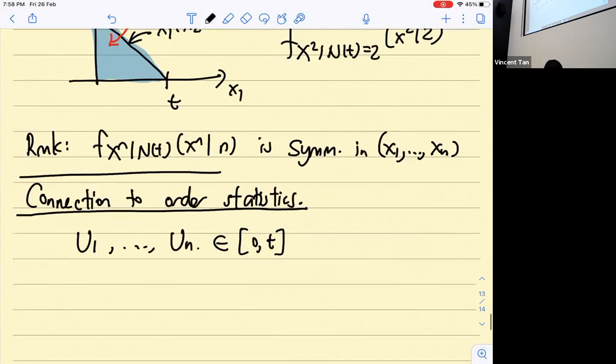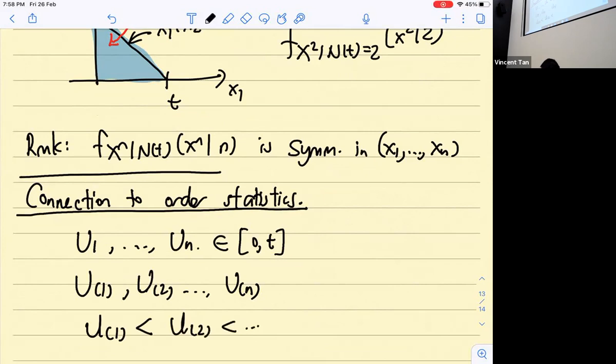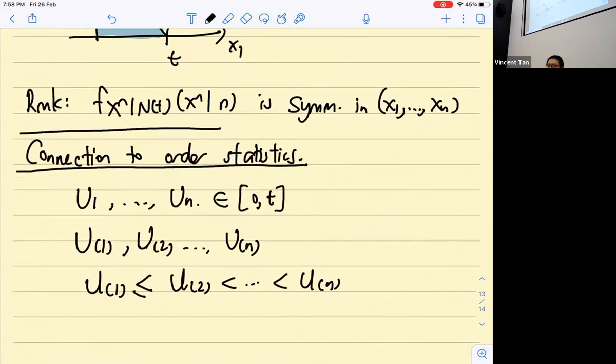All right, we can create new random variables U(1), U(2), ..., U(N), like this. What is the meaning of this? I order them so that U(1) is less than U(2) is less than ... U(N). What happens if they are the same? Okay, they won't be the same. Continuous random variables, almost surely they will not be the same. So don't ask me this question.